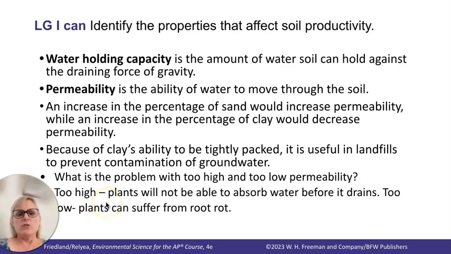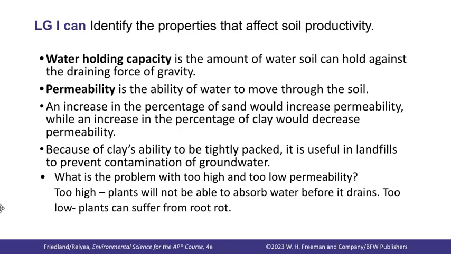Okay, now you don't want it too high and you don't want it too low. If your water drains too fast, the plants can't absorb enough water before it drains. However, if the permeability is too low, the plants can suffer from root rot.